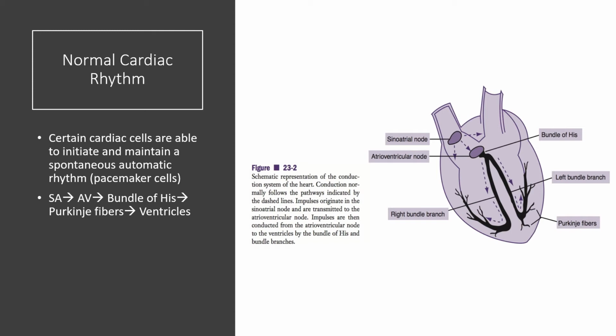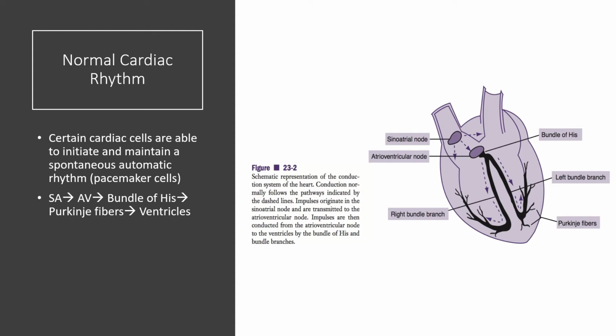And then while it's spreading through the atria, the action potential will then reach the AV node or the atrioventricular node. From the AV node, the action potential is going to be passed on to the ventricles through the bundle of His. The bundle of His is again composed of these specialized conducting cells known as Purkinje fibers.